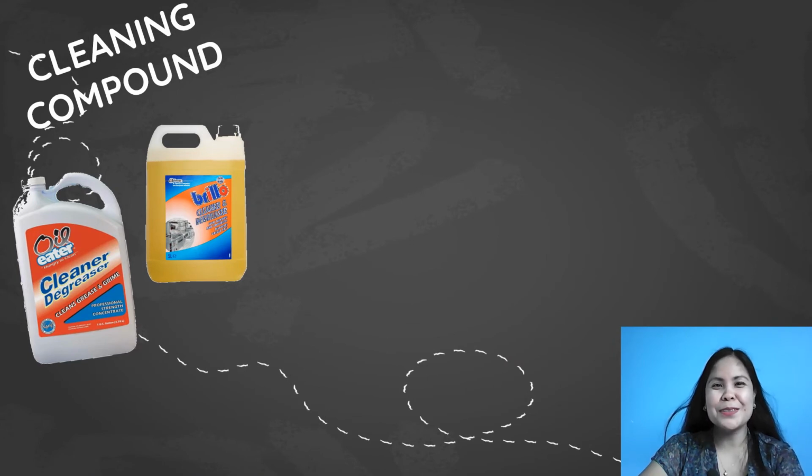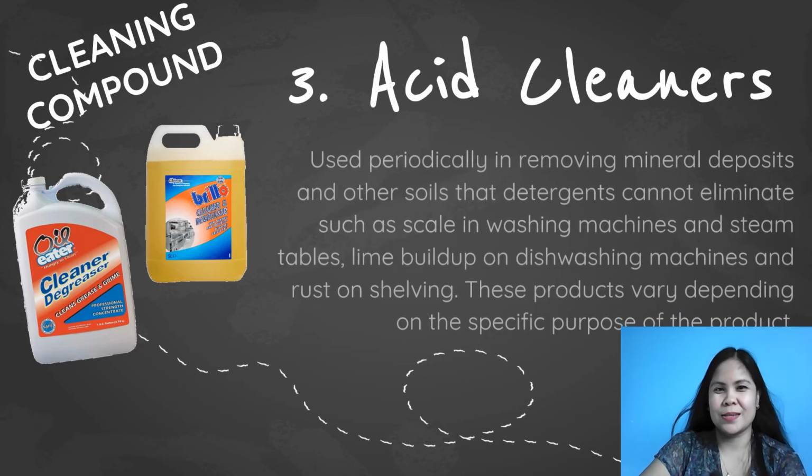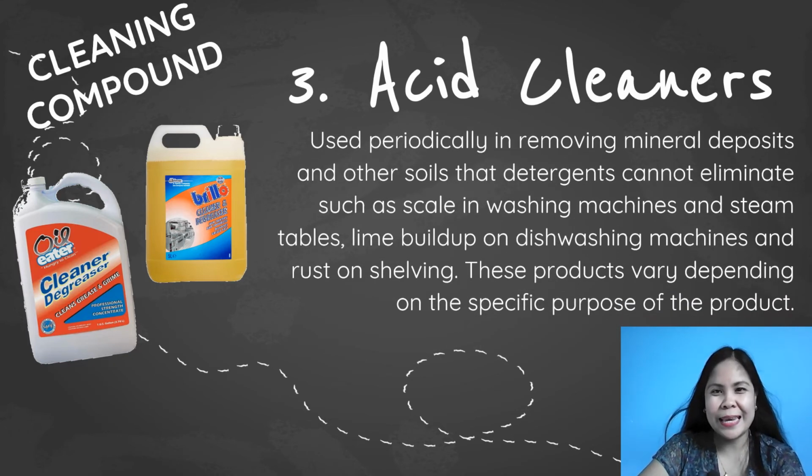And our third cleaning compound is acid cleaners. It's used periodically in removing mineral deposits and other soils that detergents cannot eliminate, such as scale in dishwashing machines and steam tables, lime buildup on dishwashing machines, and rust on shelving.